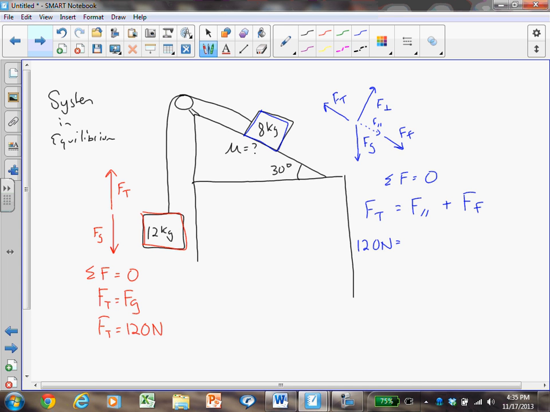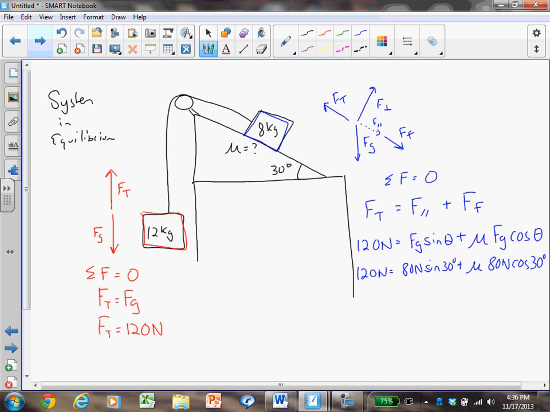F parallel is Fg sine theta, and the friction is mu Fg cosine theta. Well, Fg is 80, so 120 newtons equals 80 newtons times the sine of 30 degrees plus mu times 80 newtons times the cosine of 30 degrees.